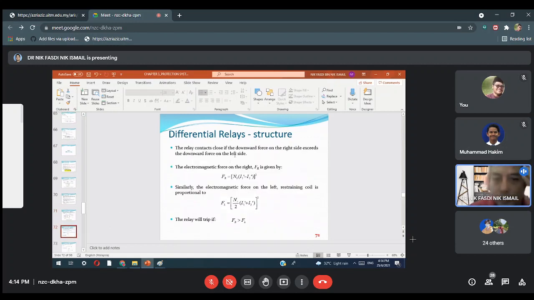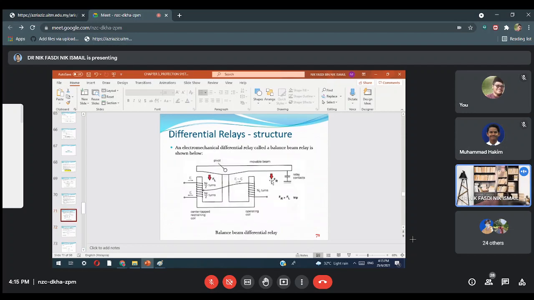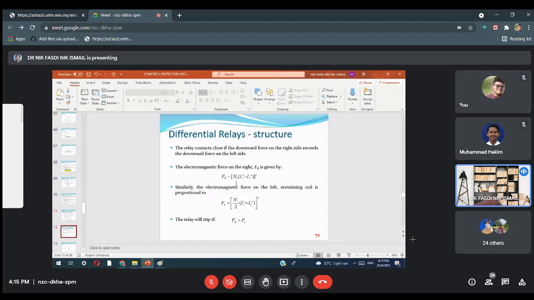Okay, the relay contact close if downward force on the right side exceed the downward force on the left side. Ini maksud dia. Dia close kalau this one right is greater than force at the left side. Okay. The electromagnetic force on the right Fr is given by this formula, right? And similarly for the electromagnetic force on the left, restraining coil is proportional to this formula.